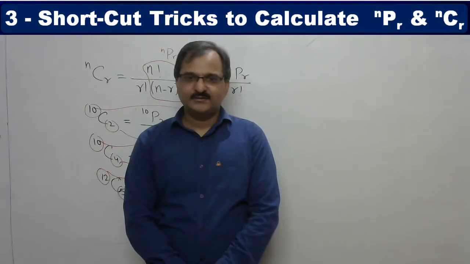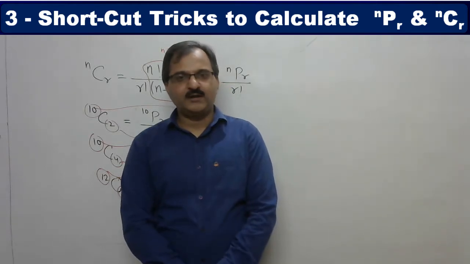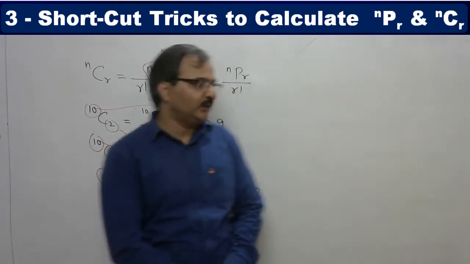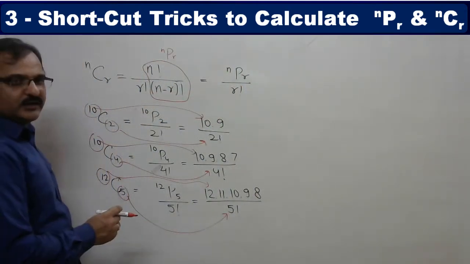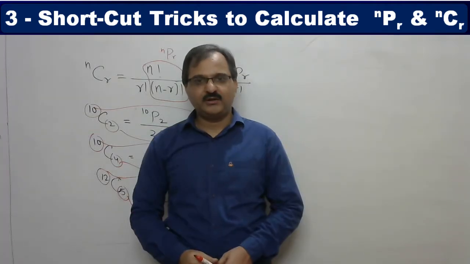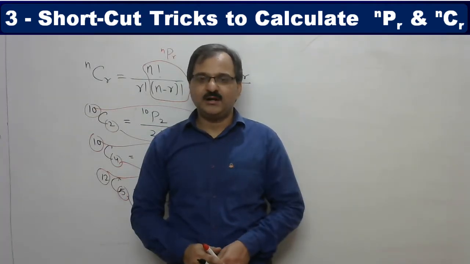Welcome back, children. I am sure that all of you would have arrived at the trick, that is the direct formula for calculating nCr. So just check whether your trick matches with mine or not. So here is the trick on your screen for nCr.